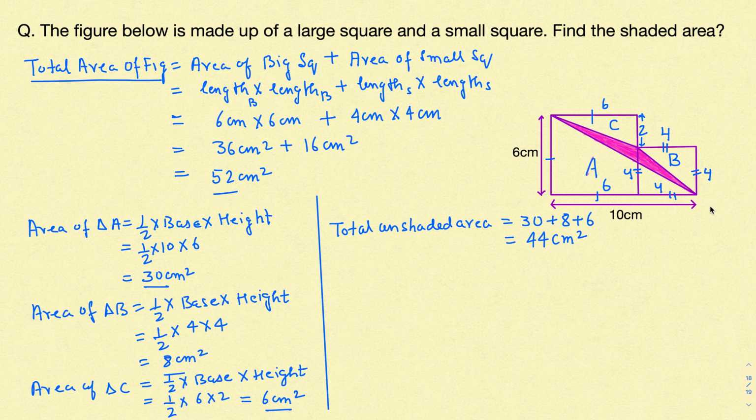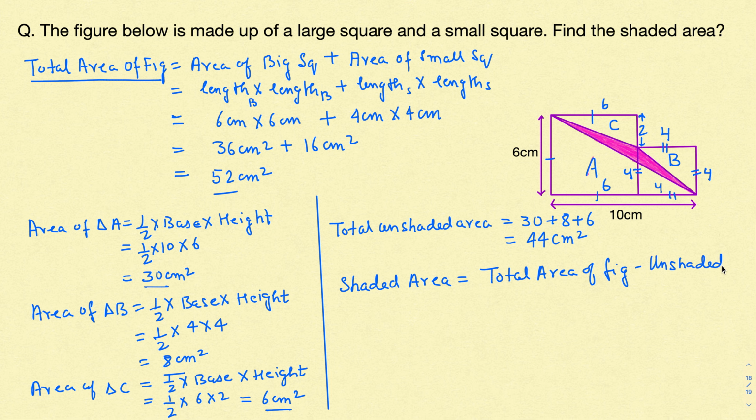Since we have found out how much the unshaded area is, we just need to subtract the unshaded area from the total area in order to get the shaded area. So let's do that. Our shaded area would be equal to total area of figure minus unshaded area.